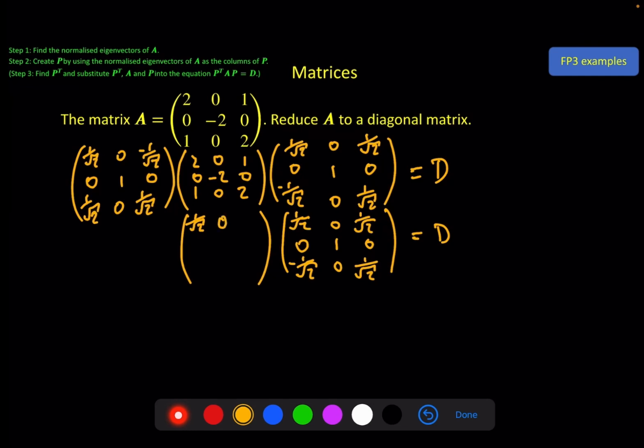That's nice. 1 over root 2, 0 minus 2 over root 2. 0, 0, 0. 0 minus 2, 0. 0, 0, 0. 2 over root 2, 0, 1 over root 2, that's 3 over root 2. 0, 0, 0, 1, 0, so that's always nice. 1 over root 2, 0, 2 over root 2, so that also is 3 over root 2.